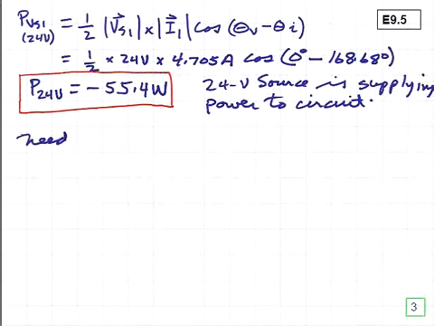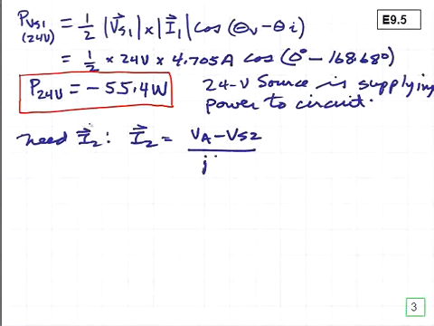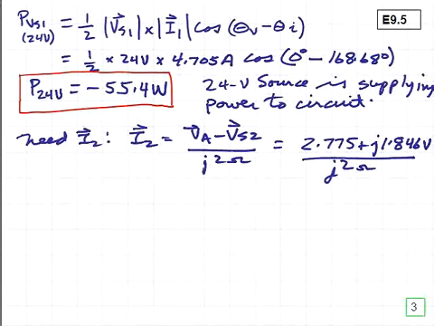Now we need the I2 current in order to calculate the power condition for the VS2 source. So I2 will equal VA minus VS2 divided by j2 ohms, which is equal to 2.775 plus j1.846 volts divided by the impedance of the inductor j2 ohms.